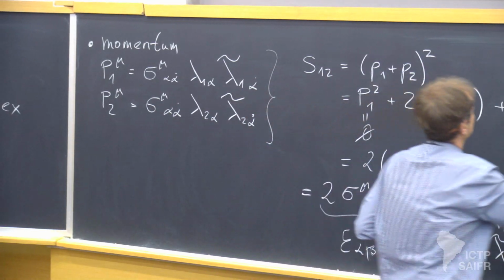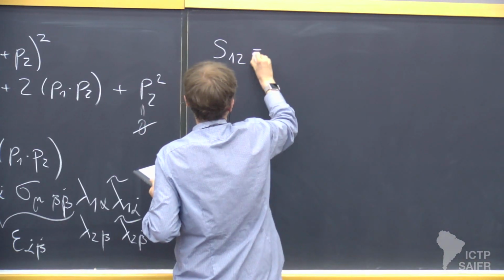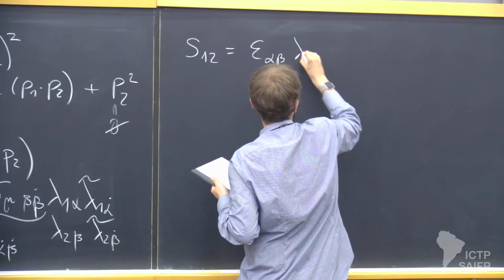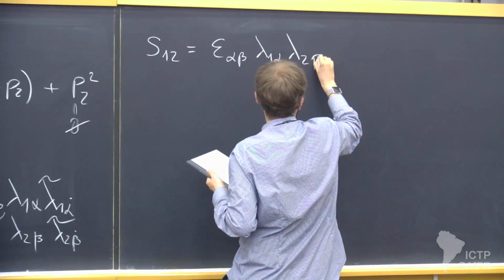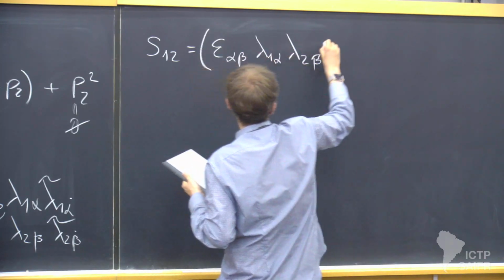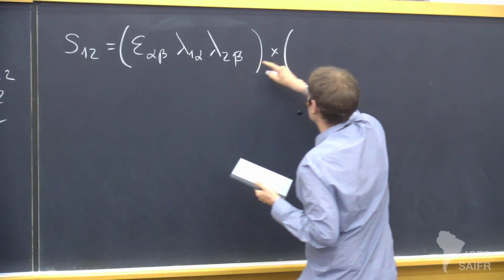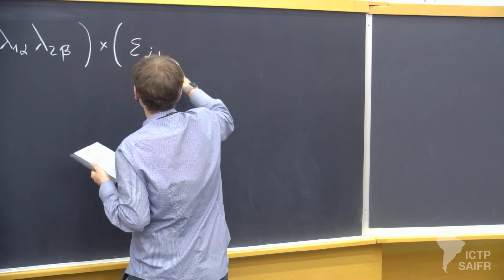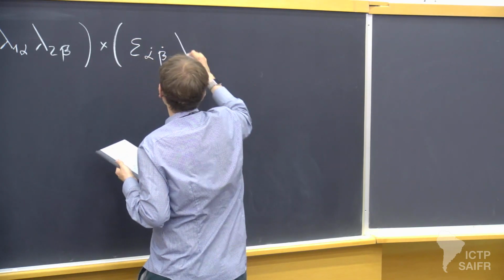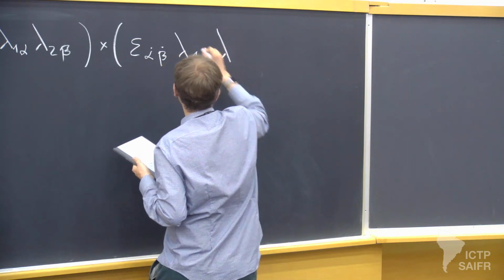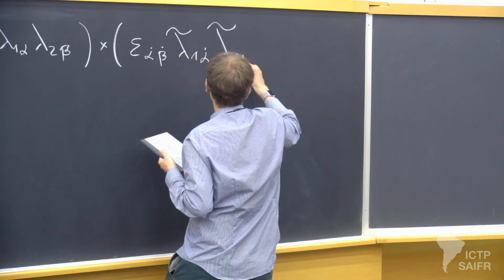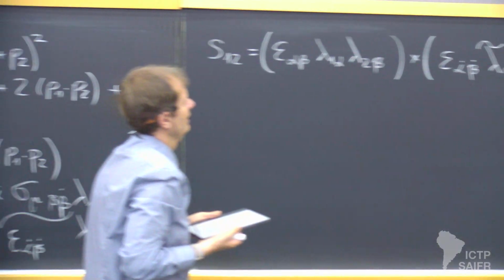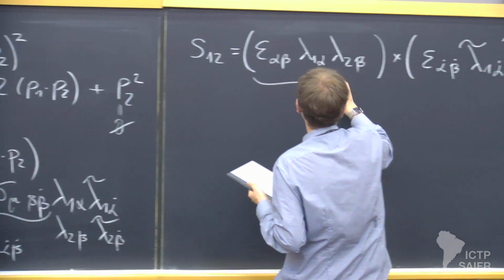Okay? So then we rewrite S12 as epsilon alpha beta, lambda 1 alpha, lambda 2 beta. I just divided. This means nothing. It's just a product of two things, but just to emphasize that this is now factorized into 2. And we just use some notation.